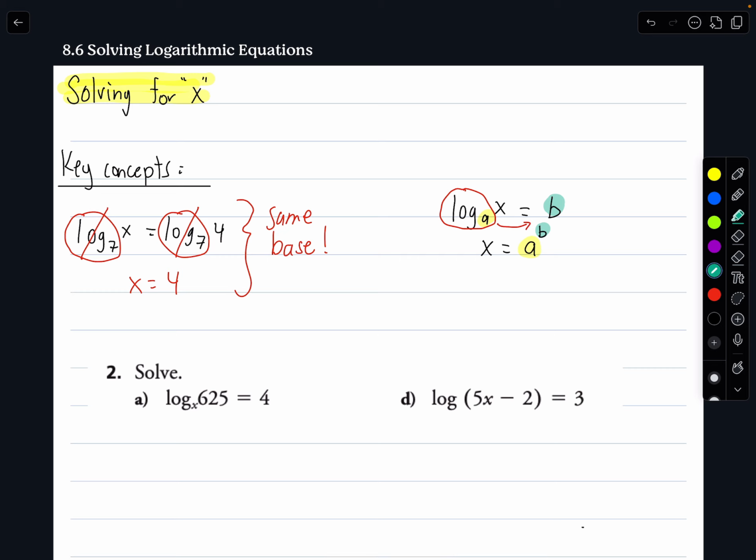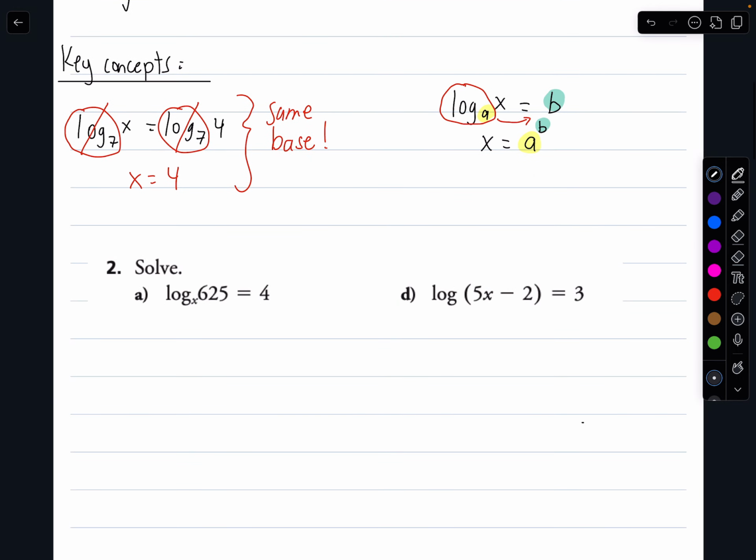So let's go through a couple questions to really see how this stuff works. Let's look at 2a, for example. Over here, we have a base of x, so when I bring it over, it's going to be 625 is equal to x to the 4. From here, I want to get rid of the x to the 4, so I would say 625 to the power of 1 over 4 is equal to x to the 4 to the power of 1 over 4.